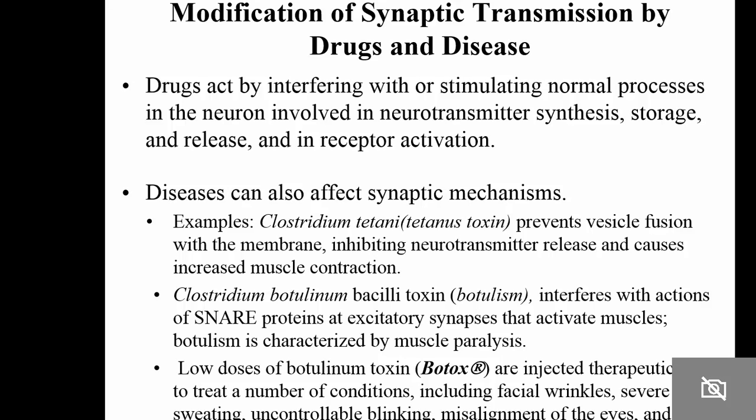So this toxin affects inhibitory neurons. That's important. It affects inhibitory neurons because what comes next, if you don't understand that, makes absolutely no sense, right? It says that it prevents vesicle fusion with the membrane. Ultimately, it causes increased muscle contraction.